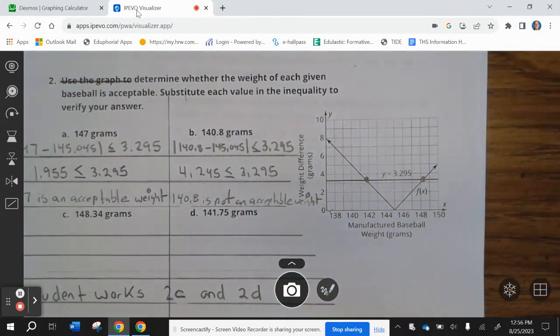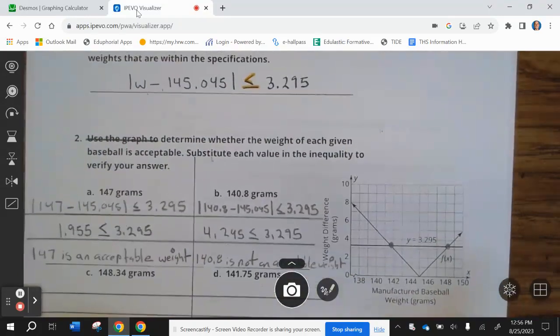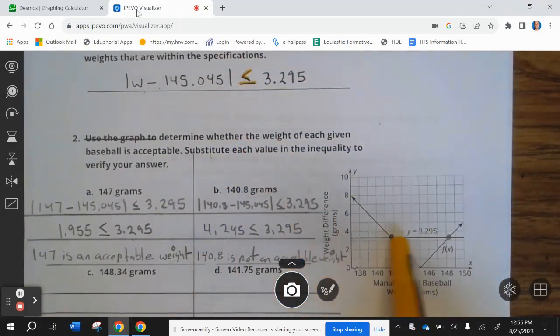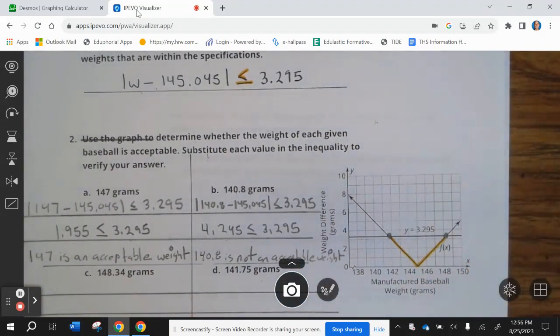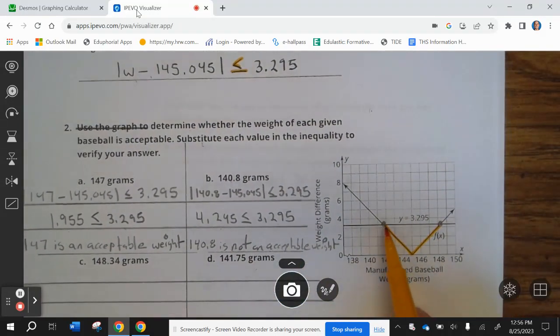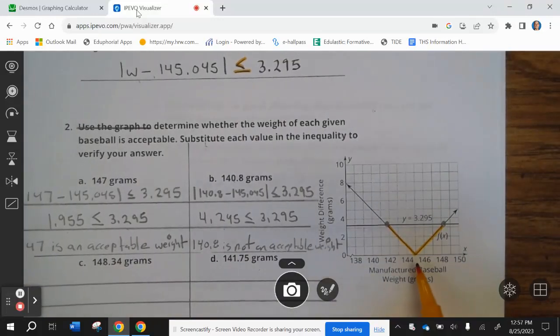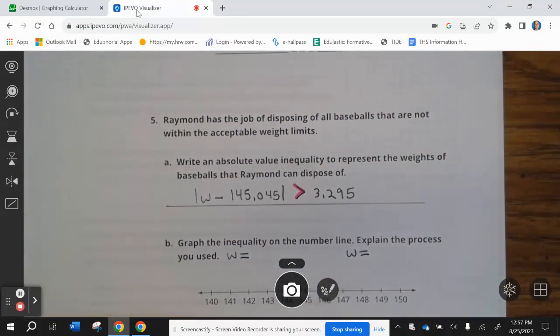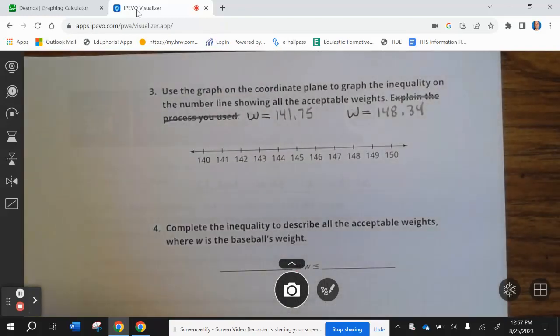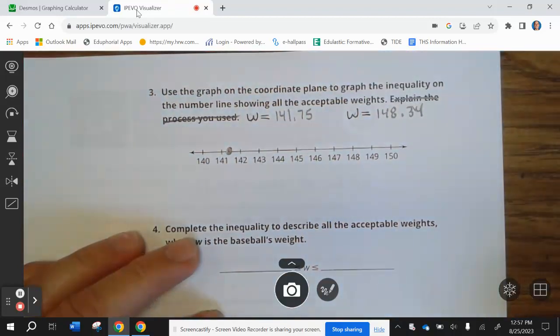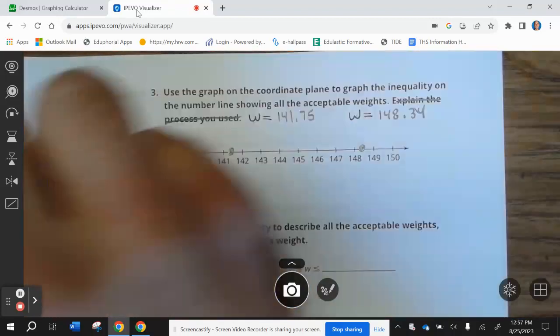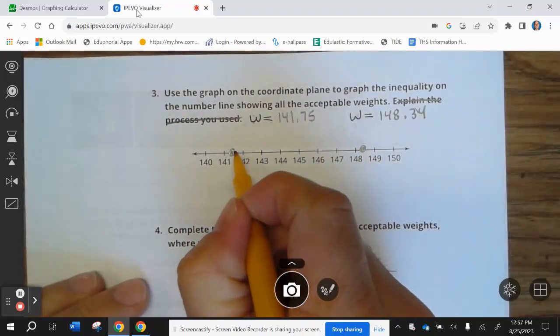Now, less than means below the line. So we're below here. So that means the values are between here and here. So to correspond that to here, we have 141, which is about right there, and 148 is about right here. And we know that it's between.